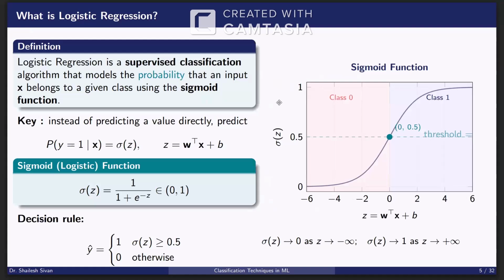Logistic regression is a supervised classification algorithm that models the probability that an input X belongs to a given class using a sigmoid function. In regression, we directly find a linear function to map a set of values.